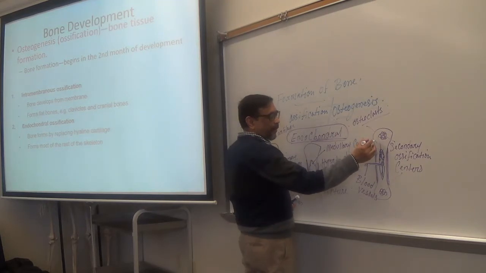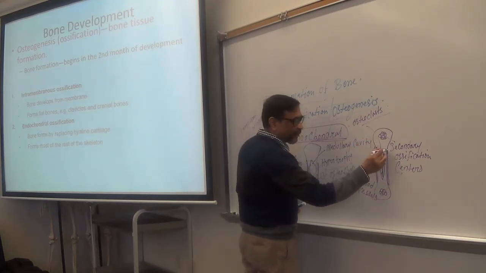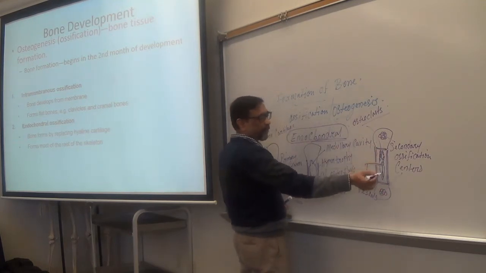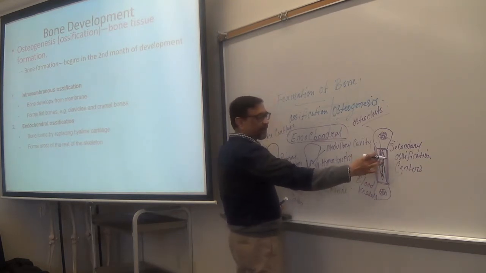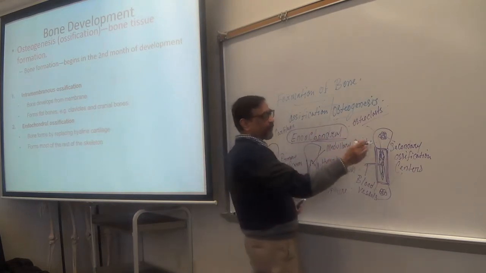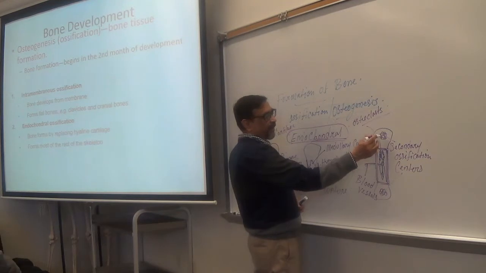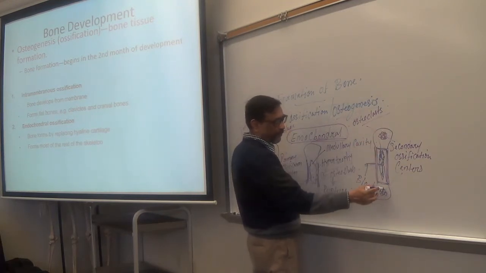And what will happen now, you see, this part became bone. It got a medullary cavity, and the bony collar will become thick and form the compact bone. So this part already became bone, and from secondary, the bone tissue will start to be formed.